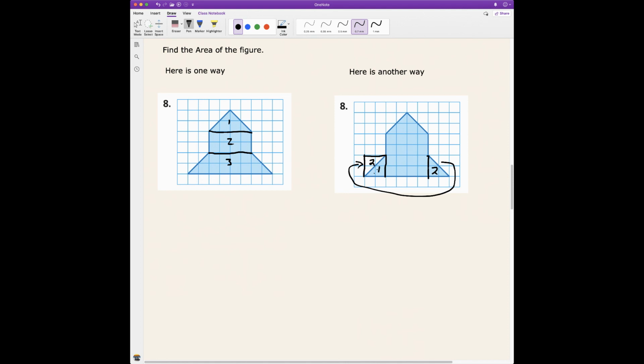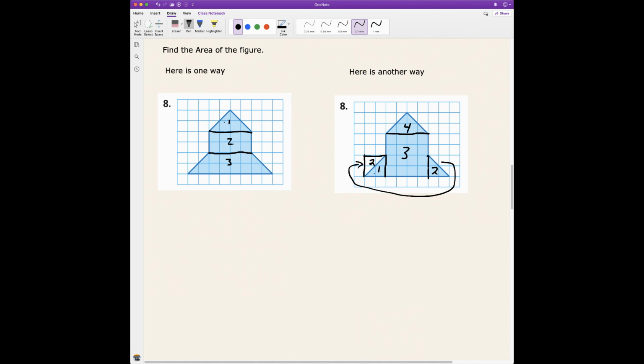So that gives me a square, and then I have a rectangle and a triangle. Okay, either way you guys break these up, do it the way that it's easiest for you. Okay, so I'm just going to go with the first one.